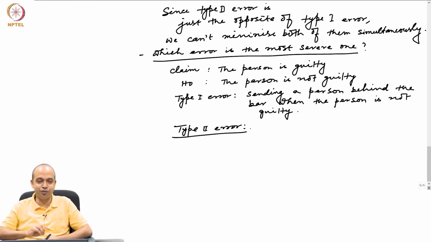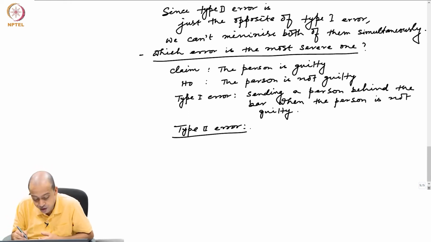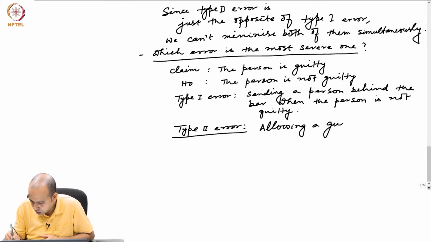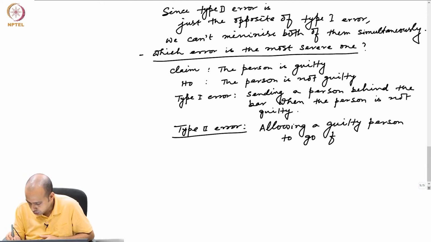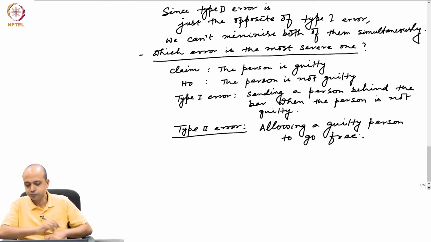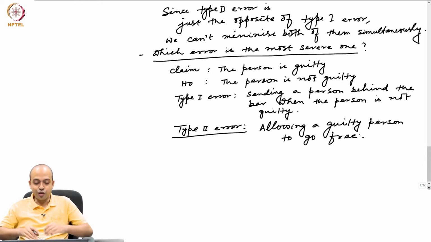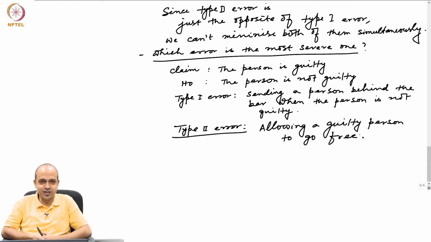So, you are accepting the fact that the person is not guilty, but actually the person is guilty. What is true then? The person is guilty, but you are not rejecting it.